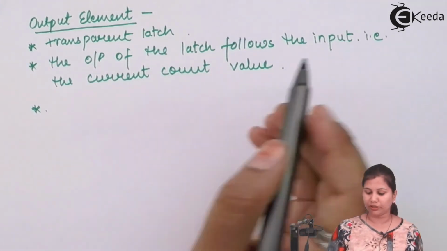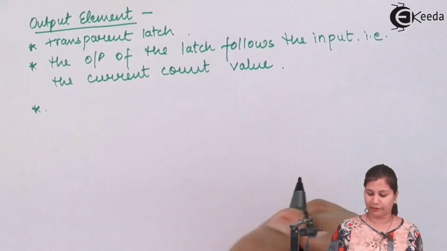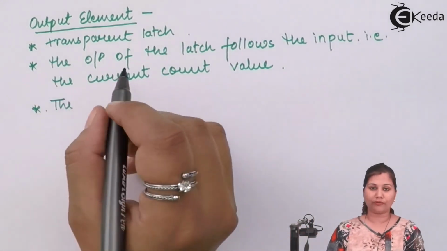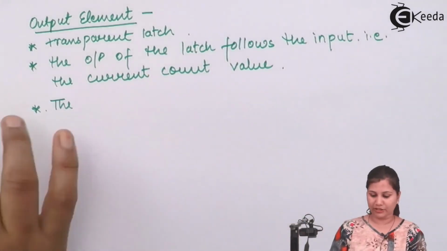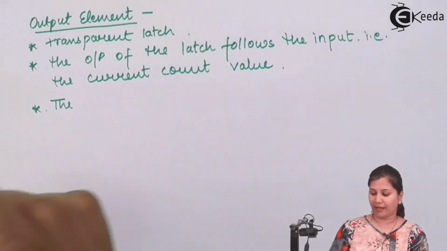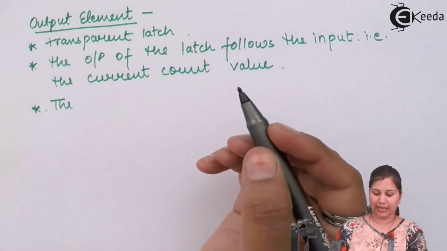And the input is what? It is the current count value. Now the value of this count can be latched by using the appropriate mode, because we know that there are different modes in which the 8253 timers can be programmed. So depending upon the modes of operation, the value of this count can be latched.